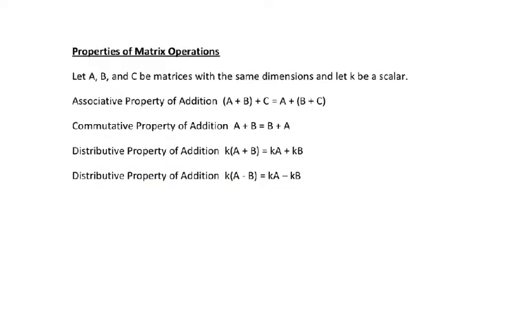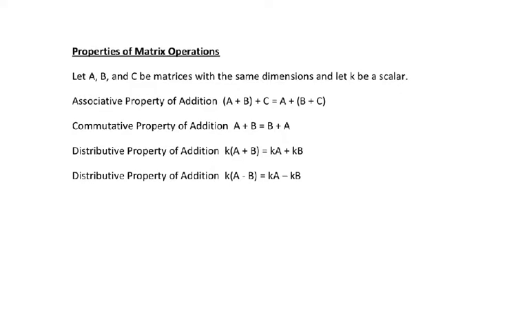So just a few of the rules and properties. If I have parentheses where I'm adding 3 different matrices, if I add A to B first, or I add B to C first, and then I add A, doesn't matter. It should get the same final answer. The order that I add 2 matrices in doesn't matter.